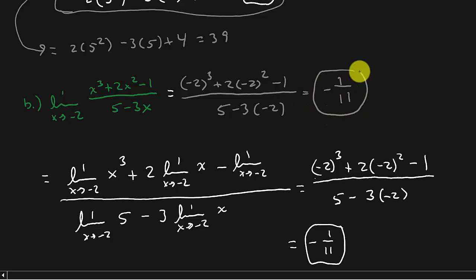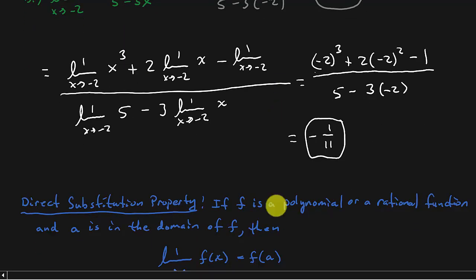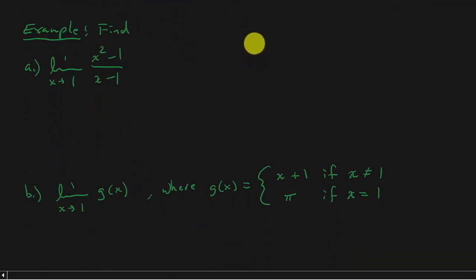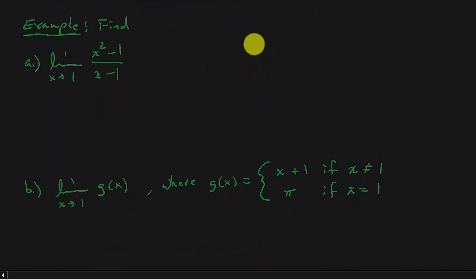So you can see that's much easier. It's a lot quicker, and that's how you're going to evaluate limits. So just remember, whenever they ask you to find a limit, just plug the number in for x. That's all you have to do. Just evaluate the function at that value.